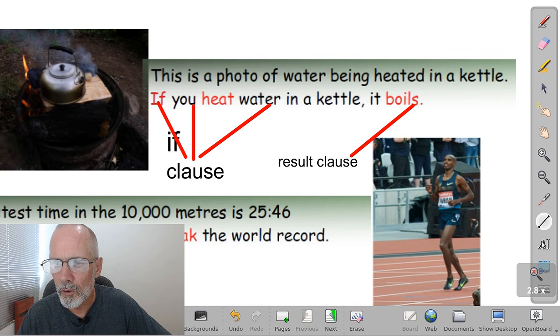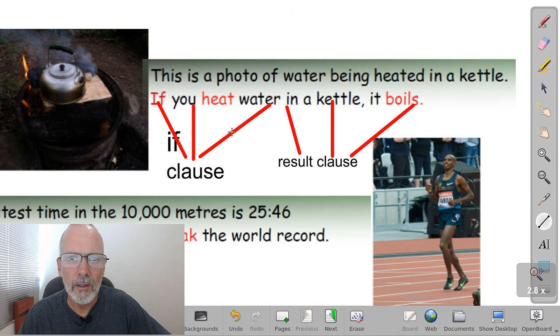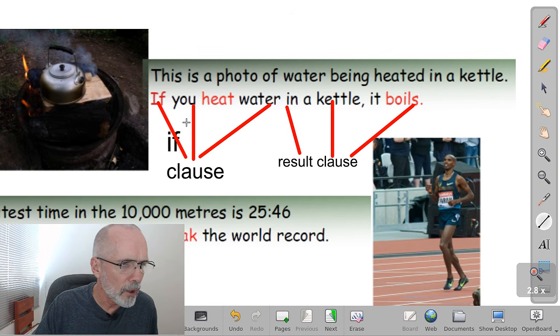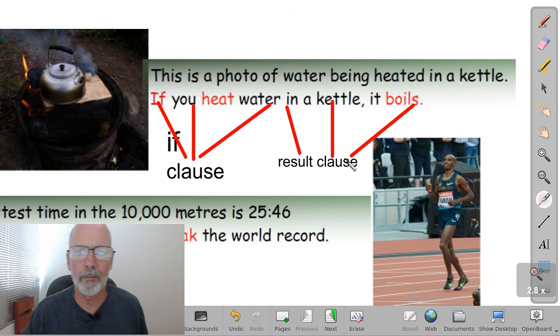The result of heating the water. So this is an example of the zero conditional. If you heat water in a kettle, it boils.